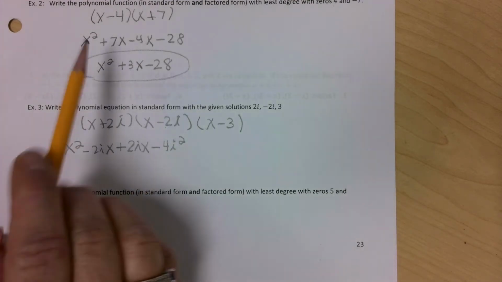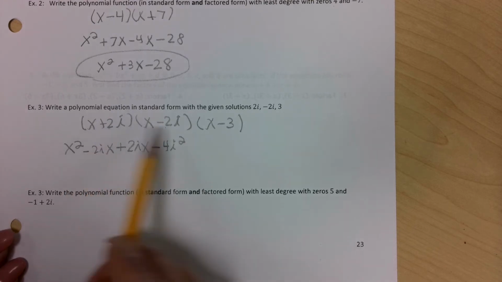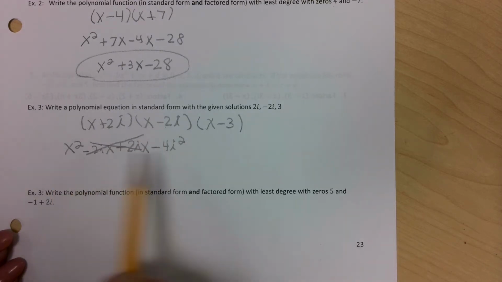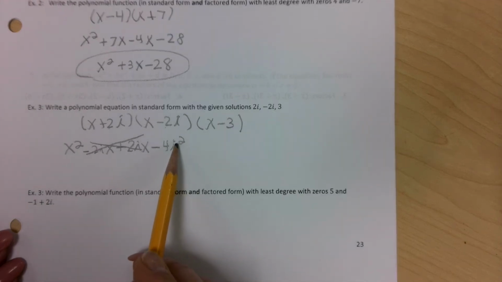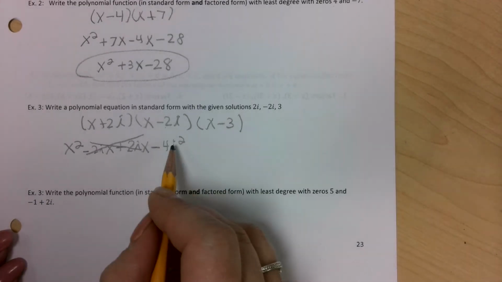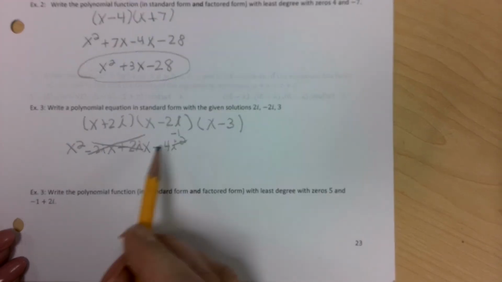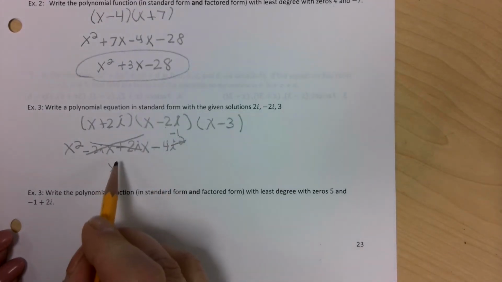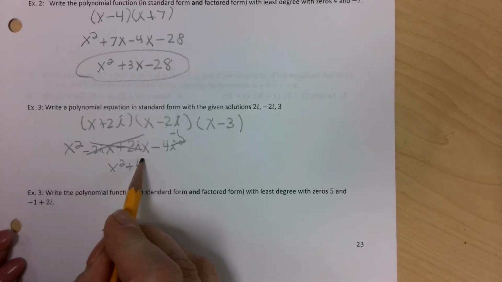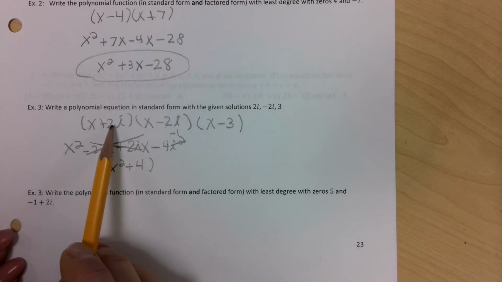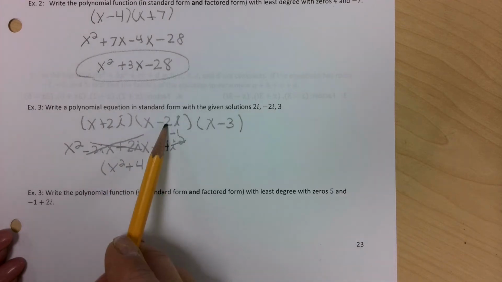So that's the same thing as what we did up here. If you notice, when we have a positive and a negative, our middle terms go away, and we just have x squared minus 4i squared. If you recall, i squared is the same thing as -1. So I have a -4 times a -1, so I'd end up with an x squared plus 4. So you can multiply it out, or you can remember when I multiply 2i times 2i, 2 times 2 is 4.